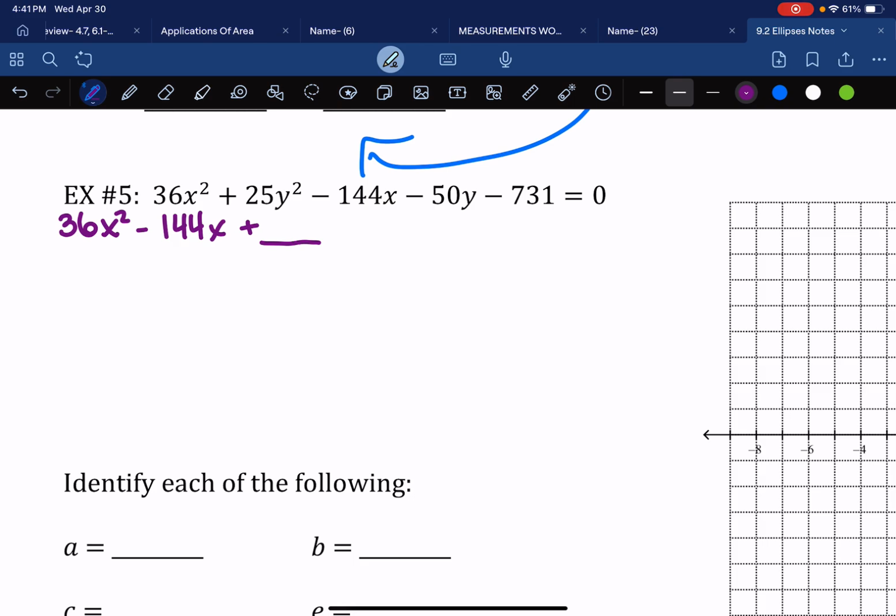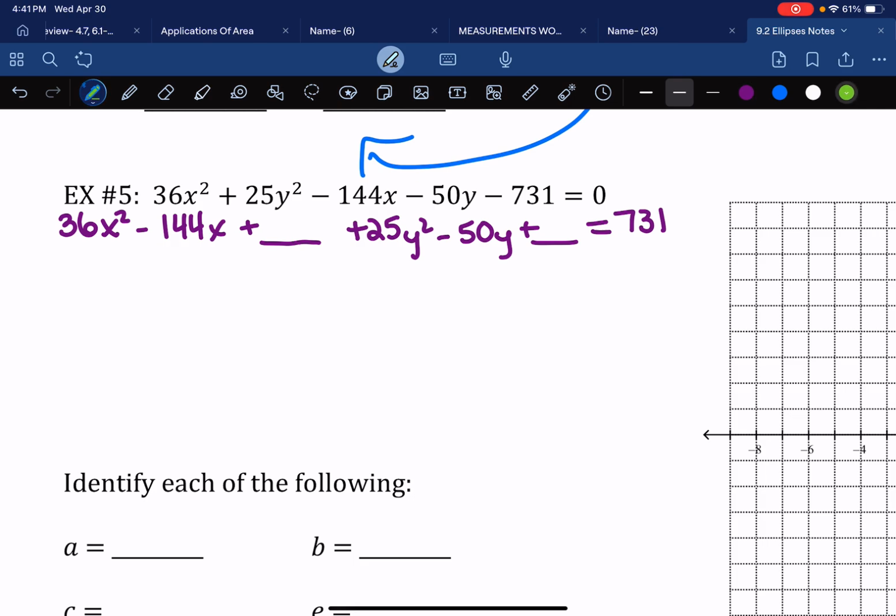Okay, then we've got plus 25y squared minus 50y plus something, and then equals 731.